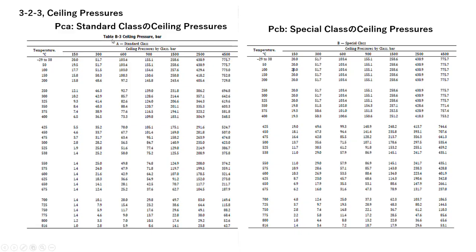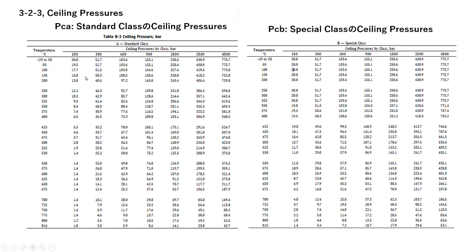Table B3 ceiling pressure derived from ASME B16.34, A standard class and B special class.